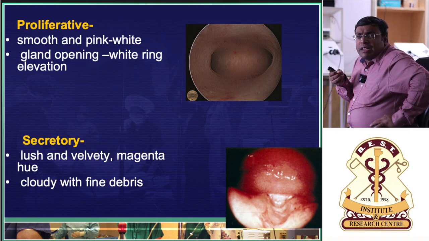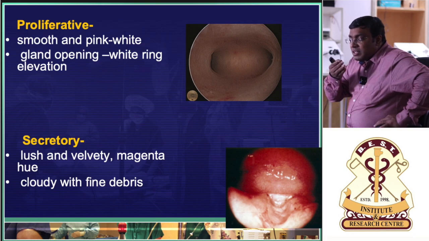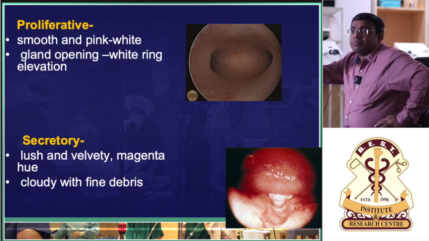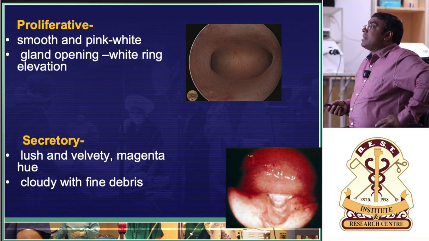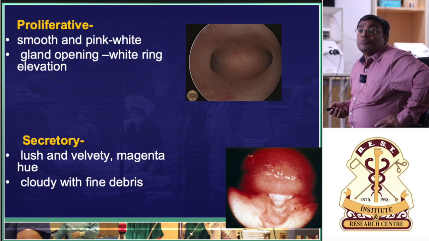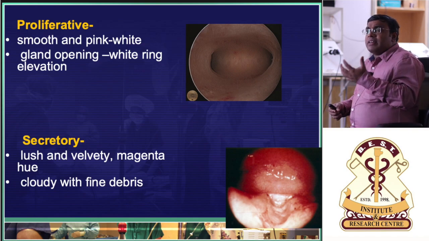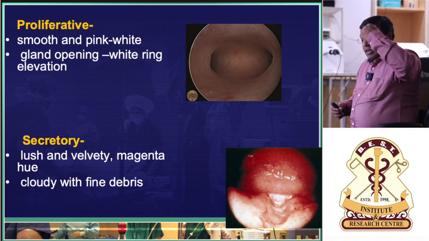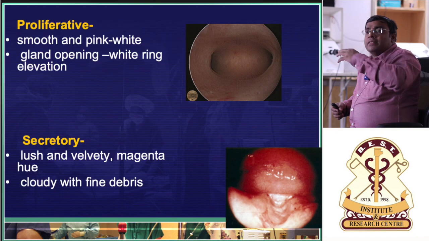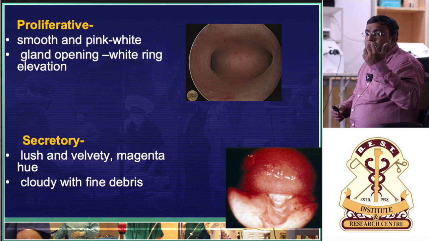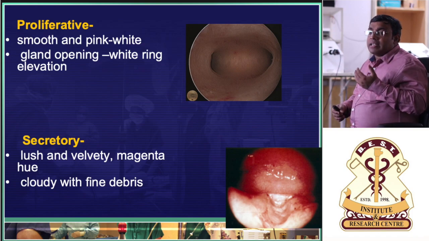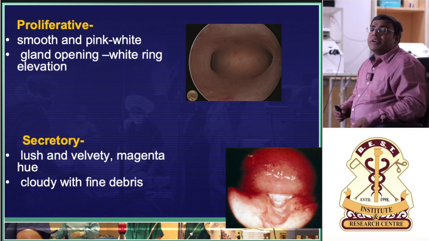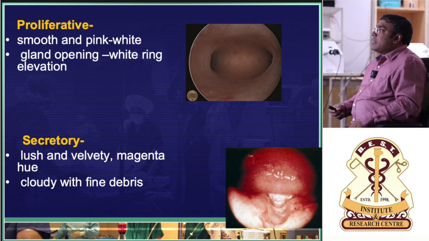So even if you move the hysteroscope a little, the endometrium scrapes off, and then they will start to bleed. The other thing is, in the secretory phase, generally when you distend the cavity, there is a haziness or some particles inside the cavity, whereas in the proliferative phase those things are not seen.